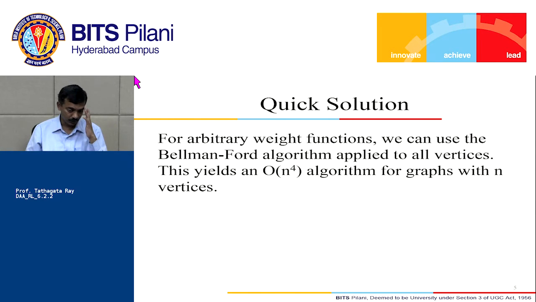So we can just run the Bellman-Ford algorithm for all the vertices. Now Bellman-Ford itself takes order of n cube, and you are going to run it for all the vertices, so the complexity becomes order of n to the power 4. If n is large, n to the power 4 is going to be pretty large, so it's not a very effective solution. The question is, can you do it in less?